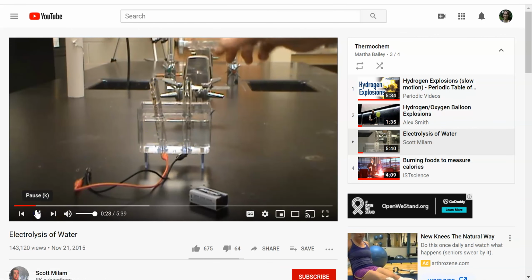The battery is going to put in electricity, and you can see immediately that you get gases forming in both test tubes there. One of those is hydrogen gas and one is oxygen gas. And so you can collect those gases. So this is electrolysis, which we've seen before.